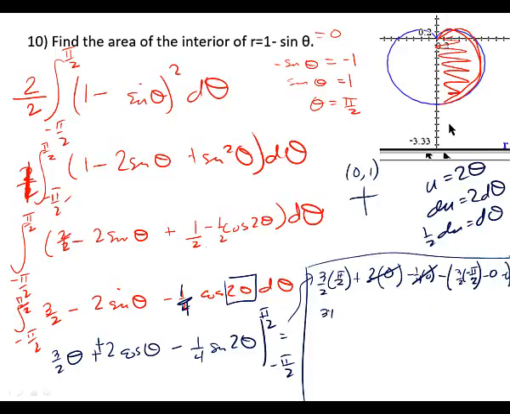So it looks like I've got 3 pi over 4 minus negative 3 pi over 4. So 6 pi over 4 or 3 pi over 2. Do we agree? Yeah? My answer was nowhere close to that. So if you do it wrong, it will not work.